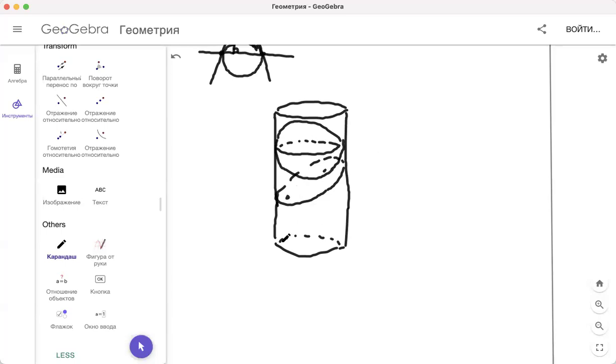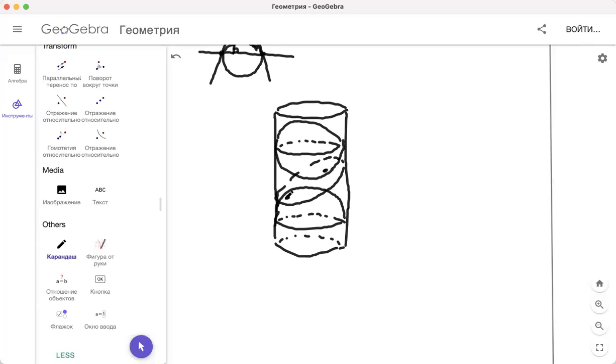And the same thing for the other side: you can also consider a sphere inscribed in the cylinder and tangent to the plane at some point.